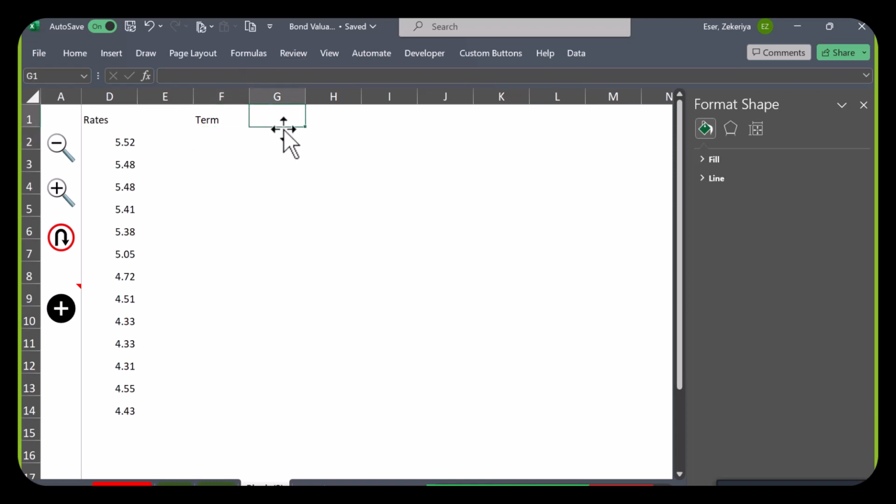For some reason, my arrows don't work. So x to the power 0 until x to the power 6.